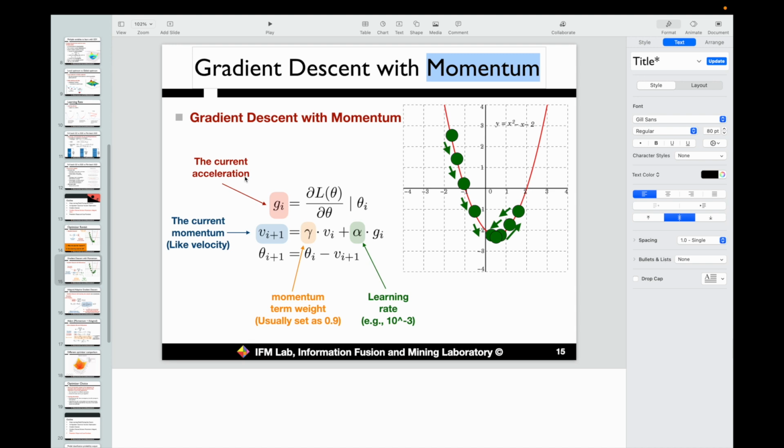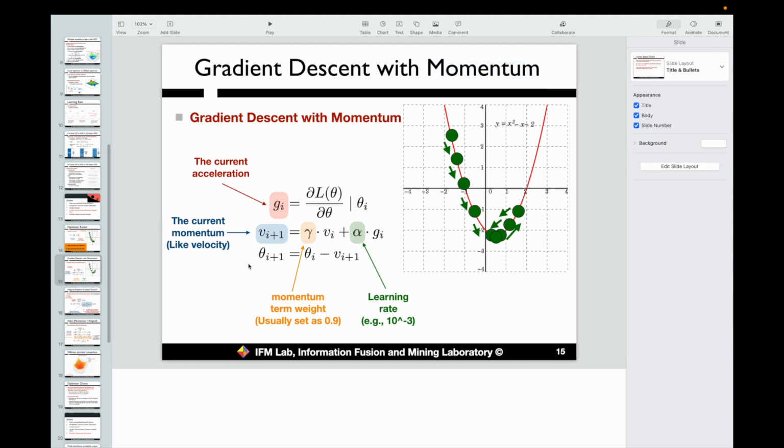As we mentioned before, if we provide the physical interpretation of this updating process as a ball rolling down a hill, this g i is more like the current acceleration. For gradient descent with momentum, the algorithm introduces a new variable to represent this momentum, or the speed at the current location.